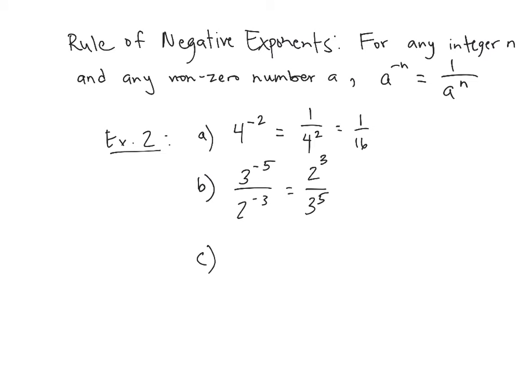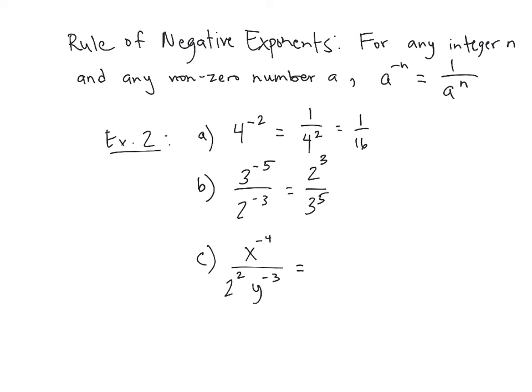The last point about this is it works with x's as well. So if I had letters, let's say I had x to the negative 4 over 2 squared y to the negative 3.